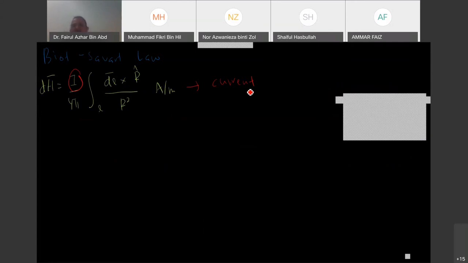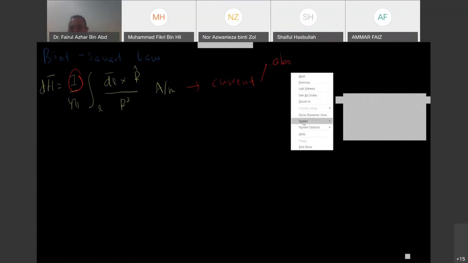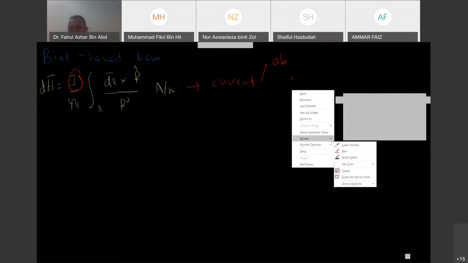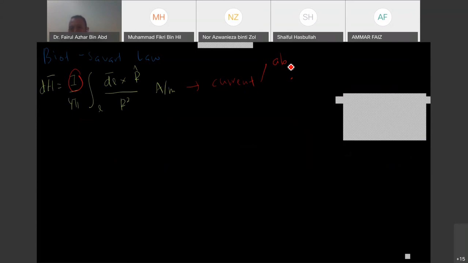Basically, the current can be expressed by using absolute value, similar to what we have with the charge. The unit is ampere, and we can also represent the current in terms of density value.